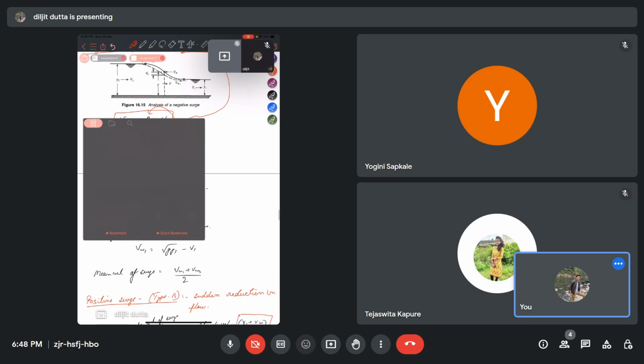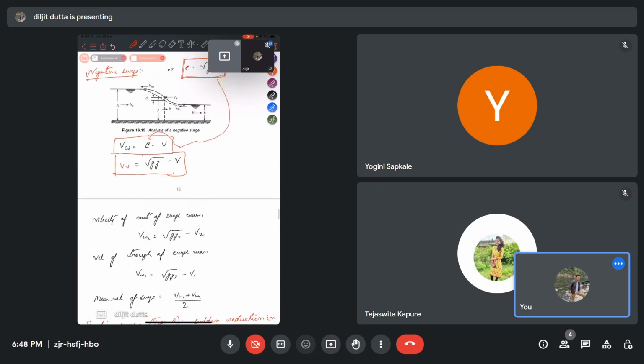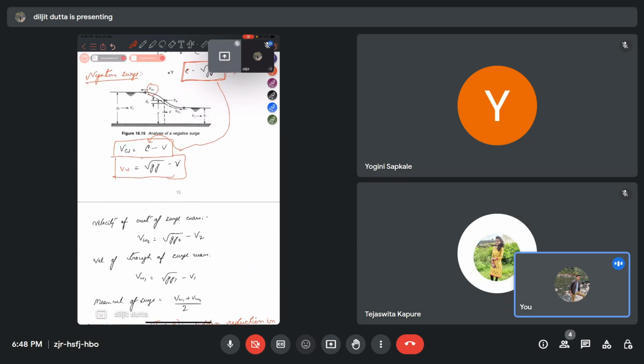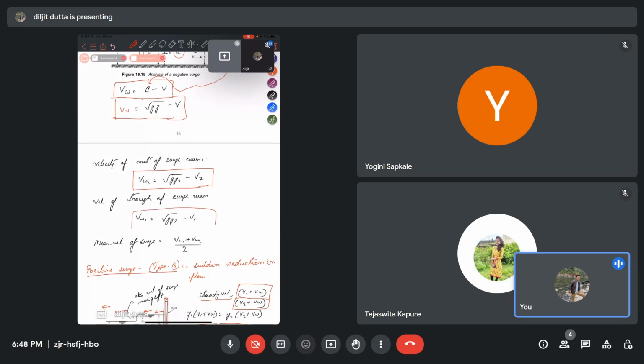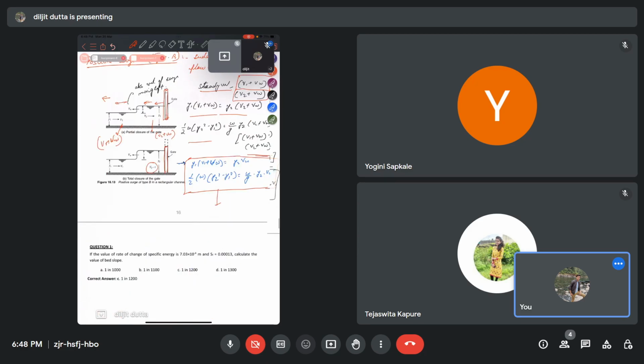And the velocity of the crest of the wave: if we take this as the crest and this as the trough, the crest velocity will be root g y2 minus v2, and the trough velocity will be root g y1 minus v1. So the mean velocity of the surge will be (vw1 plus vw2) by 2. So this is just for a negative surge. Okay.